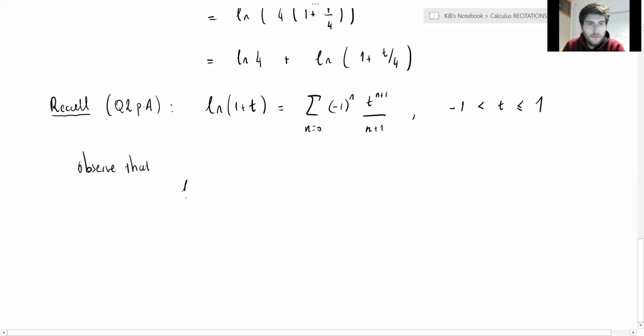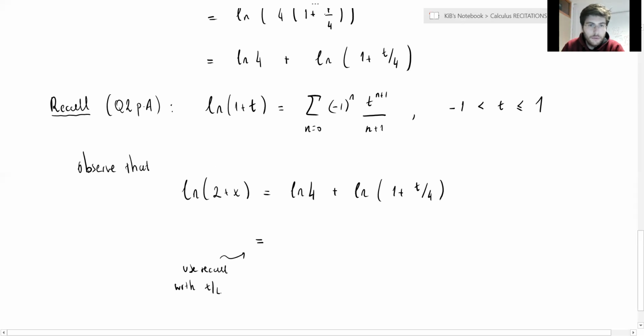Then just observe. What we are looking for, logarithm of 2 plus x, is what we have after the change of parameter, 1 plus t over 4, and we use this recall with t over 4 instead of t.